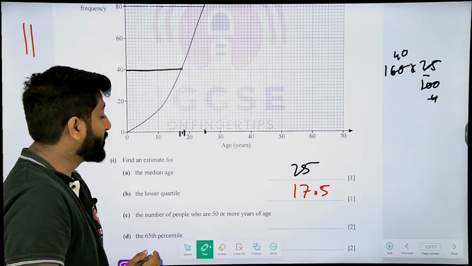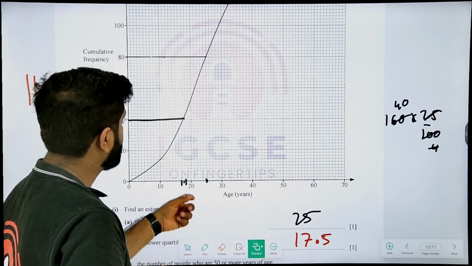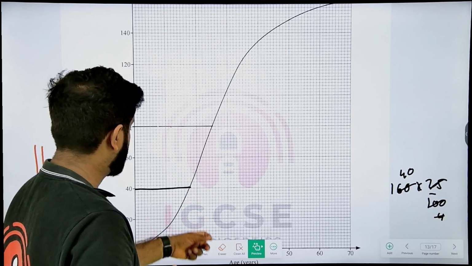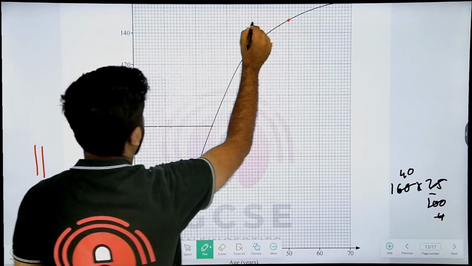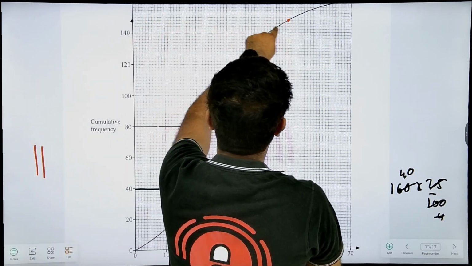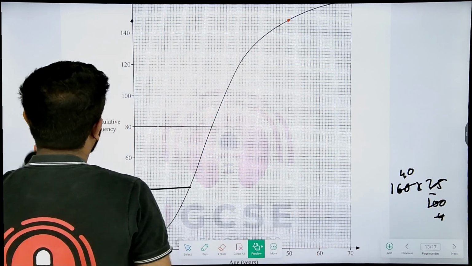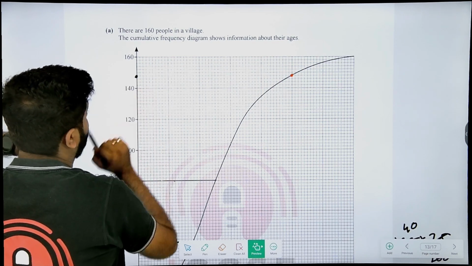Find the number of people who are 50 years or more of the age. So I have to find the number of people who are at least 50 or above. So for x equals 50, I'll plot a point over here and this intersects at this point. Now I know that the gap is 10 units, right?